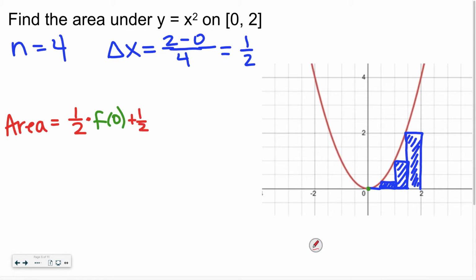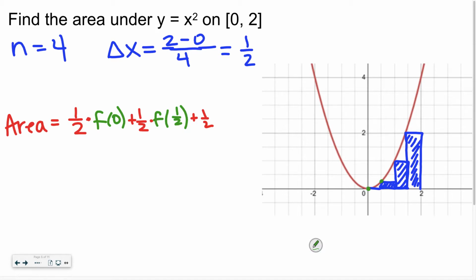Our next rectangle, this one, has a width of 1/2 and its height is whatever that coordinate is right there. That's what's touching. All right, so we would find that that's the y value at 1/2. Our next rectangle has width of 1/2.